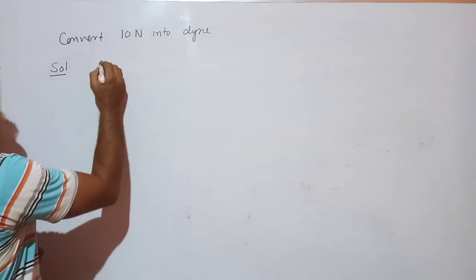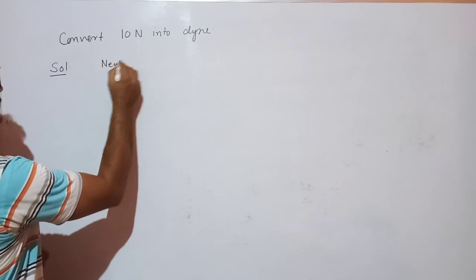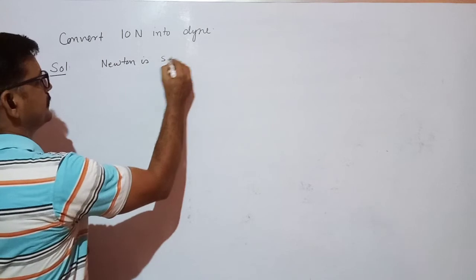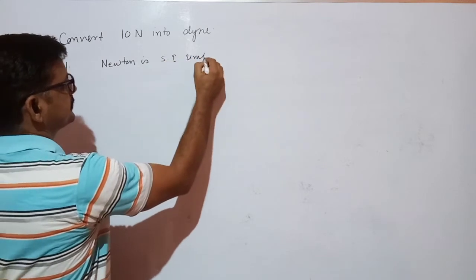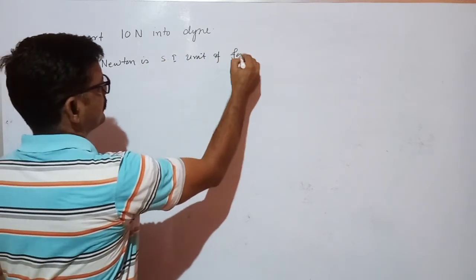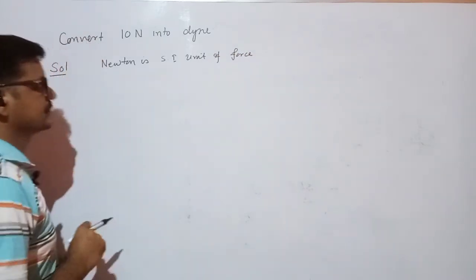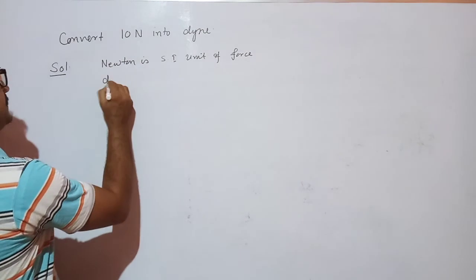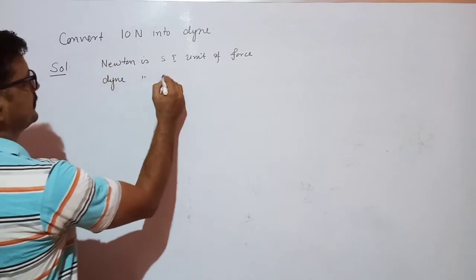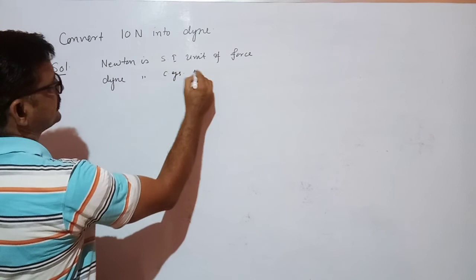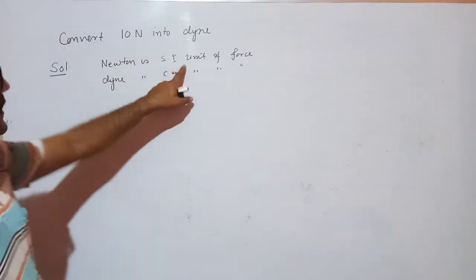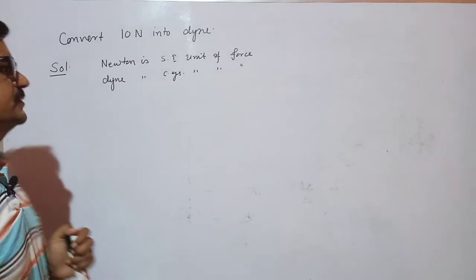So your first step is to write: Newton is the SI unit of force, and dyne is the CGS unit of force. It means you have to convert SI unit into CGS unit.